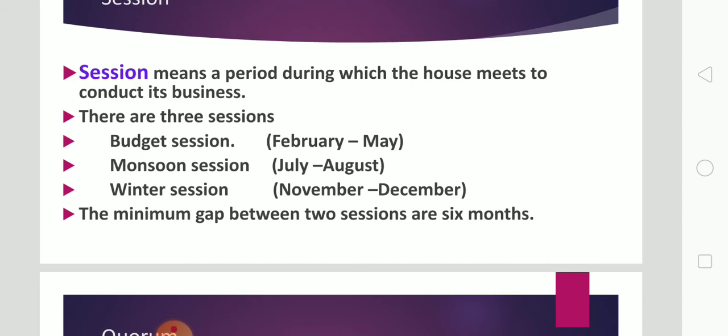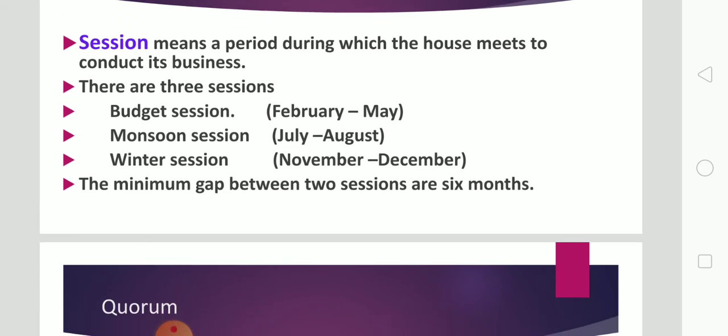The second session is monsoon session. During the month of July and August, it will be conducted. The third session is called winter session. It will be from the month of November and December.